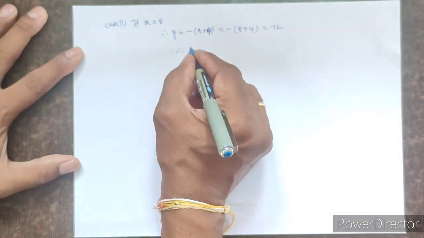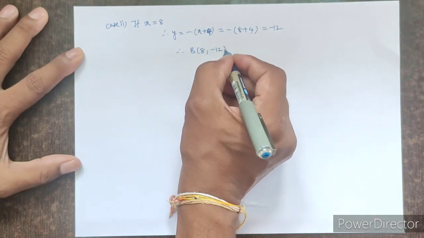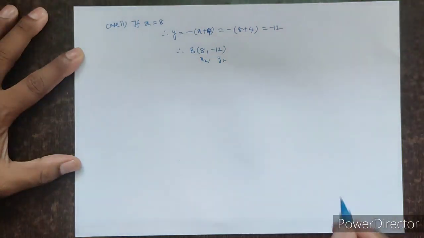Therefore coordinates of B is (8, minus 12). Let this be x2 and this be y2.